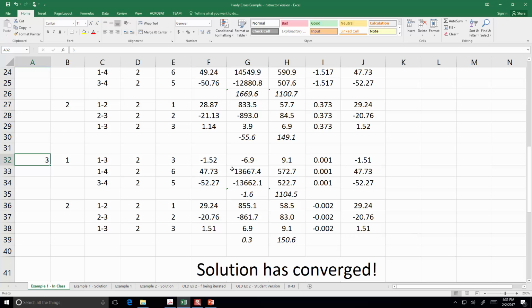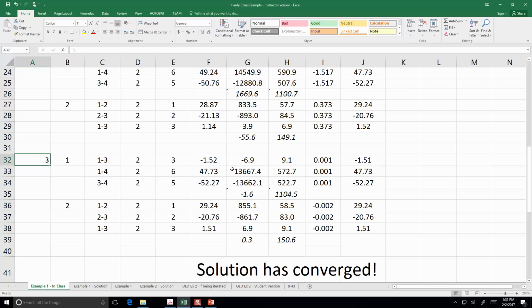Okay, negative 20.76. I don't actually write the negative value on the drawing because it's the arrow direction that takes care of the sign of that. Pipe 3-4, 52.27.